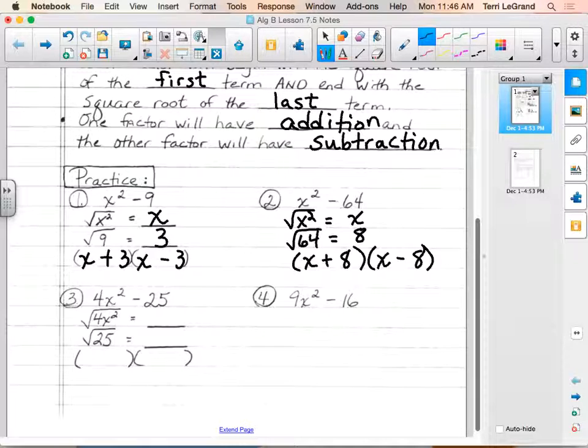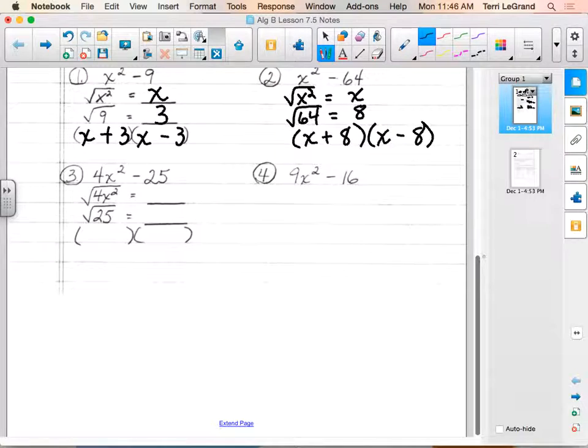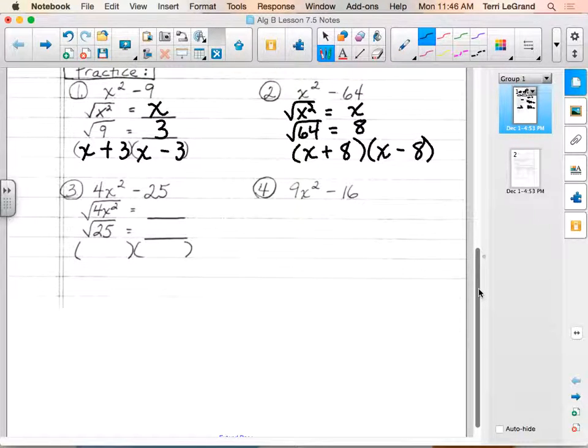Square root of the first term, square root of the last term, those are what start and end our factors. One has addition, the other has subtraction. Pretty slick, isn't it? Don't have to make a diamond, don't have to factor by grouping, just find the square root of the first term, square root of the last term, and set up our factors.